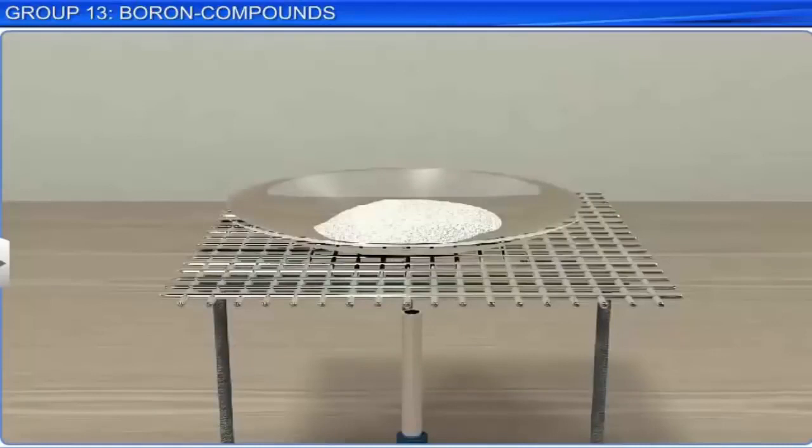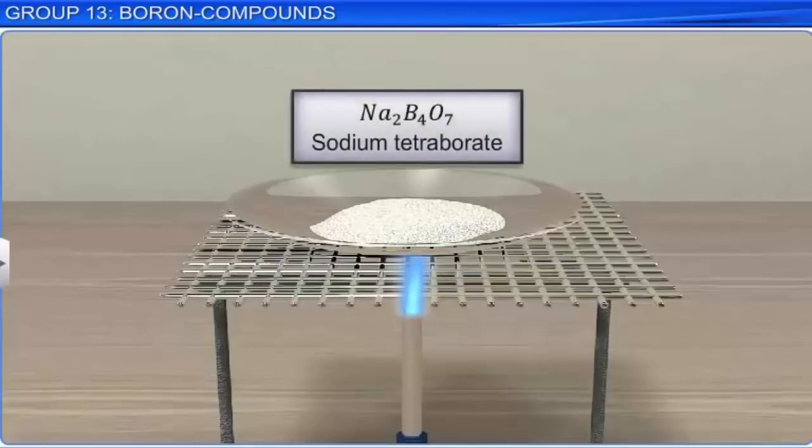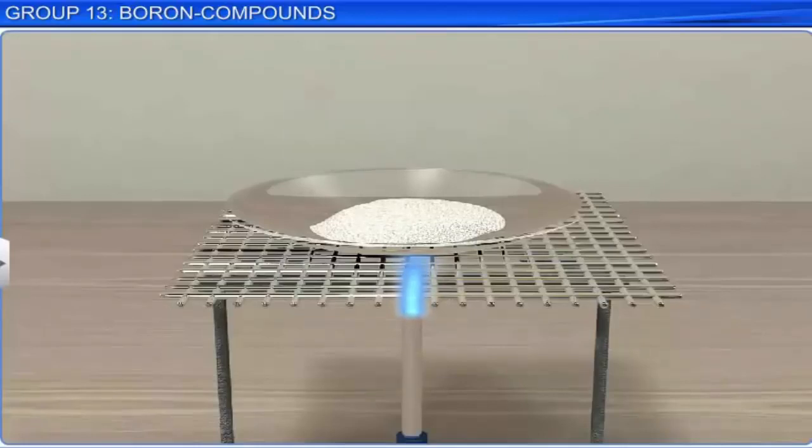When borax is heated, it loses its water of crystallization and swells. The resulting white, opaque mass is anhydrous sodium tetraborate. When the anhydrous sodium tetraborate is further heated, it becomes a transparent liquid.